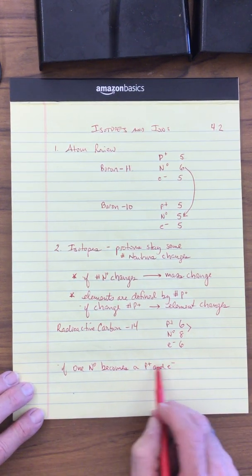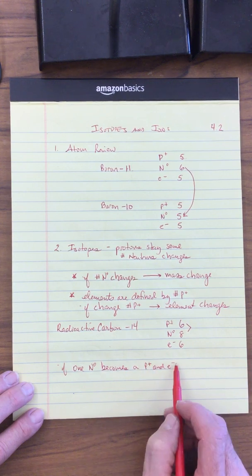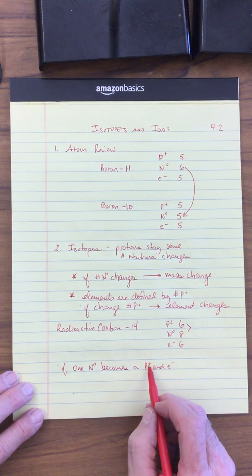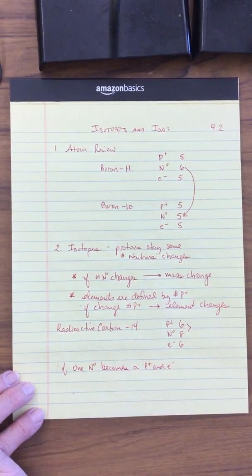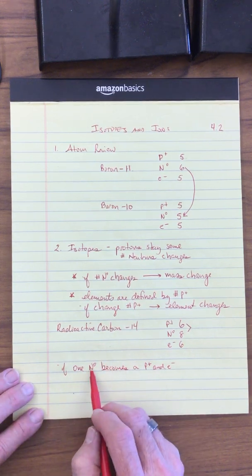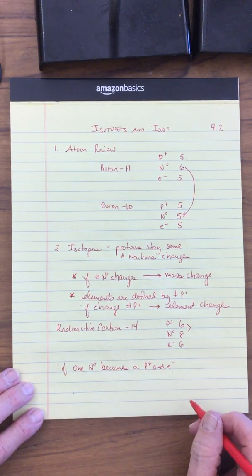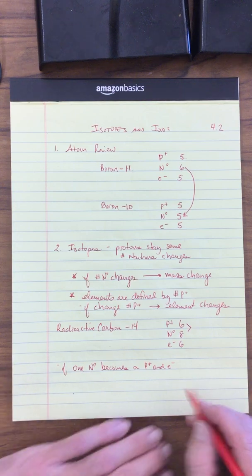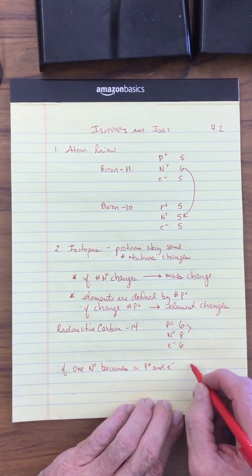Because what's the charge of this? If you have a plus and a negative, one positive and one negative equals 0. So what happens is the neutron breaks down into a proton and an electron. So let's see what happens to our numbers. Let's see if you can follow this along.